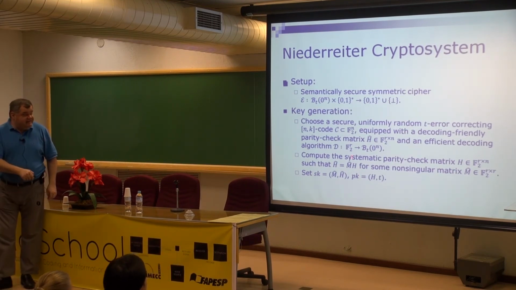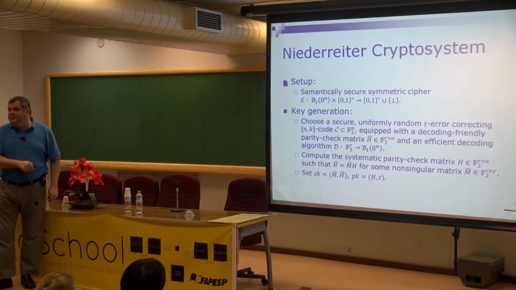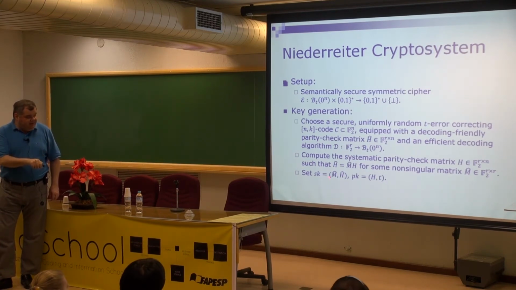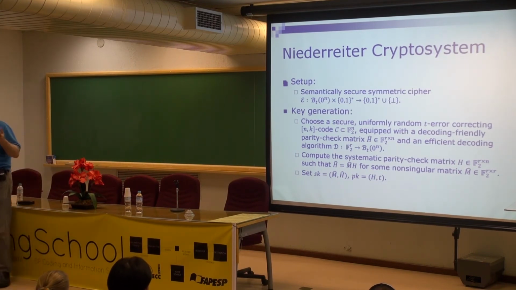Okay, so there exists a non-singular matrix M hat that, when we multiply it by H, yields back the private parity check matrix H hat. So the private key is this pair of matrices. The public key will be H, and also the number of errors we can introduce.